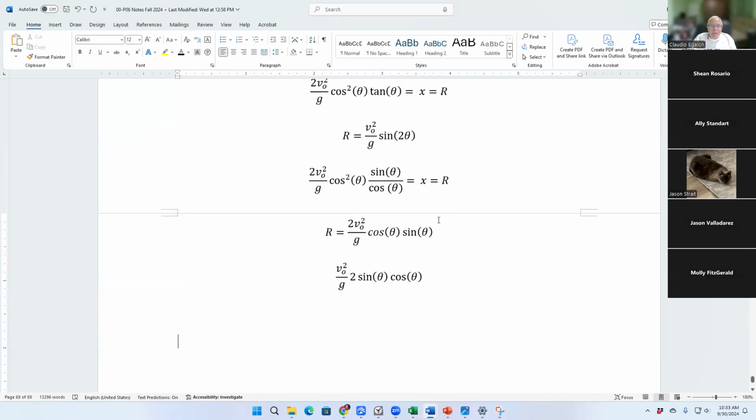And then we finally conclude that the range, just another way, is going to be that.